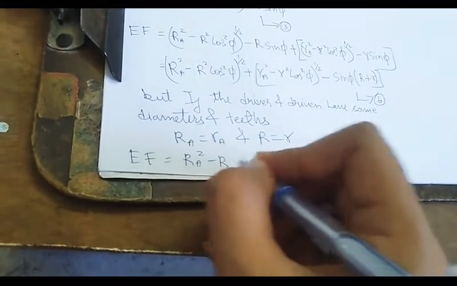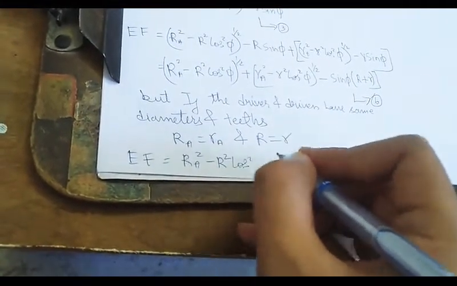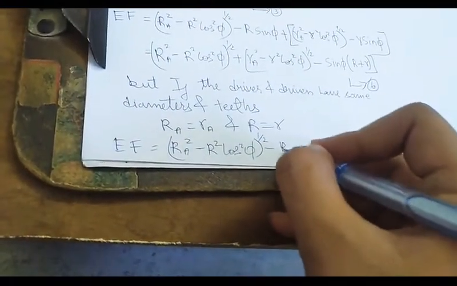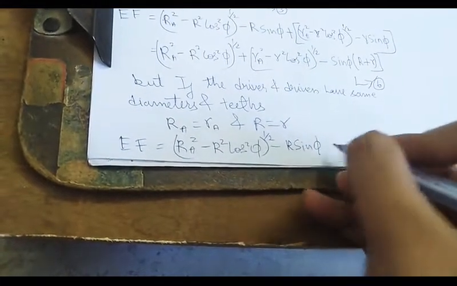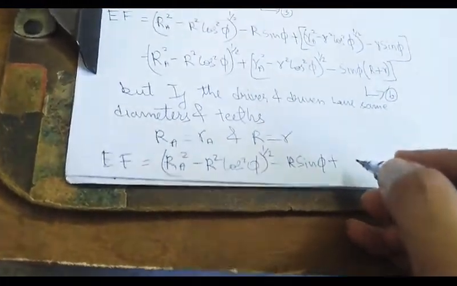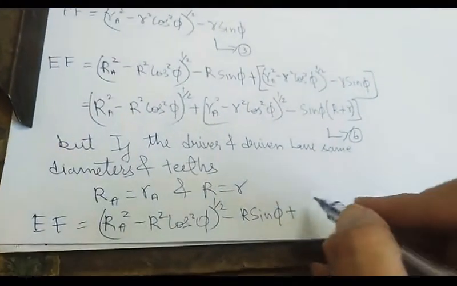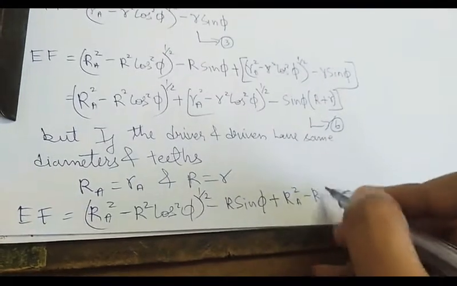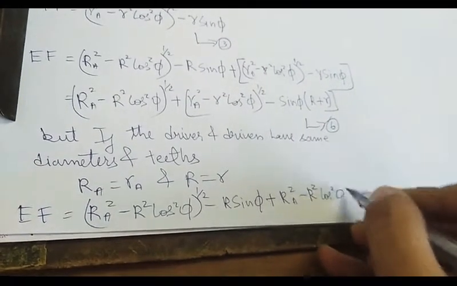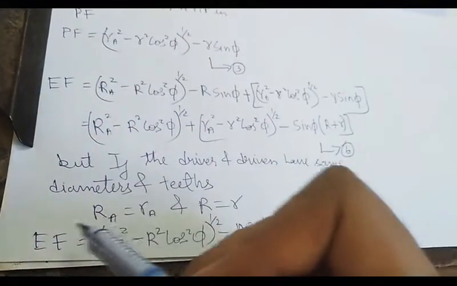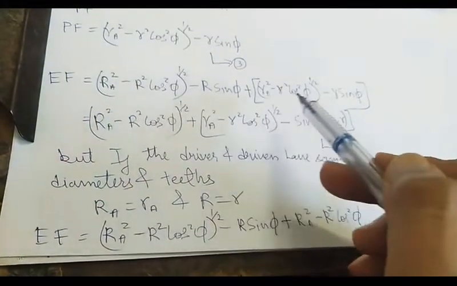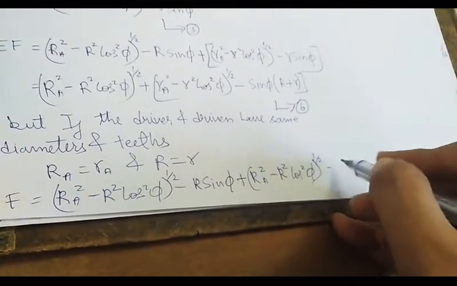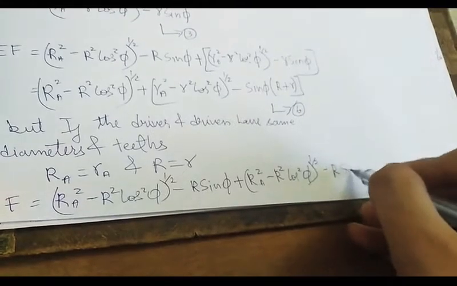RA square minus R square cos square phi whole power half minus R sin phi plus RA square minus R square cos square phi, substituting capital RA equal to small ra here, whole power half minus R sin phi.